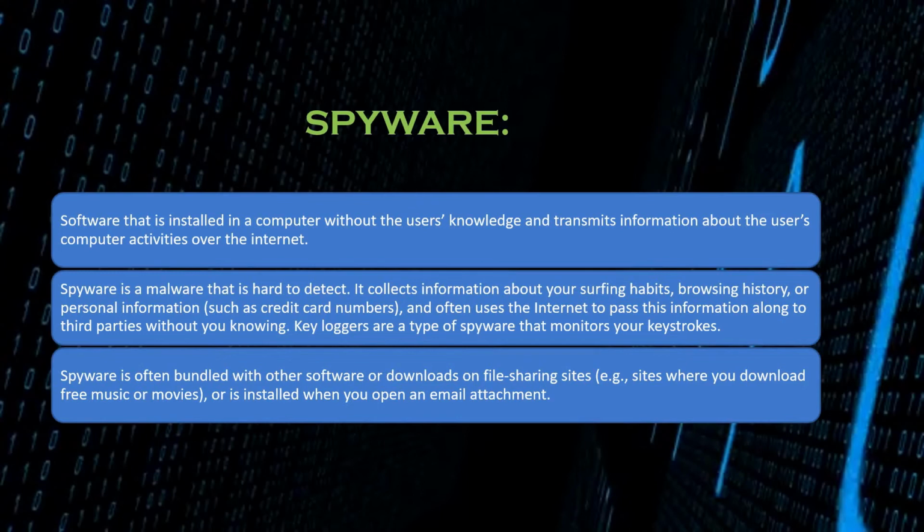Whatever you type on your computer, they just record it. Like when you are typing your Facebook email and password on your computer, the keylogger just records the keystrokes of what you are typing and directly sends them to the attacker.